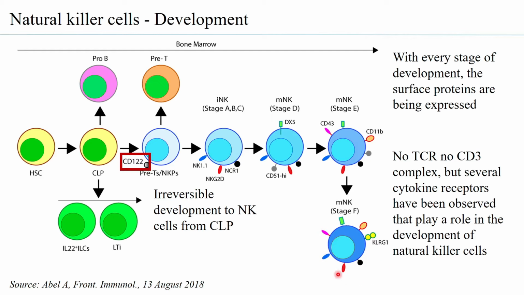Nonetheless, they have several cytokine receptors, and because they have the cytokine receptors, they are able to accept signals from outside, from different cell types of the immune system, and thereby carry out their activity of natural cytotoxicity. So it is able to naturally carry out cytotoxicity.